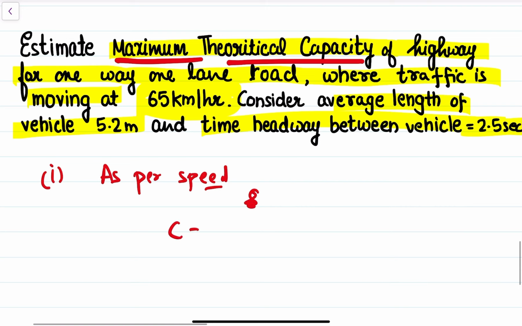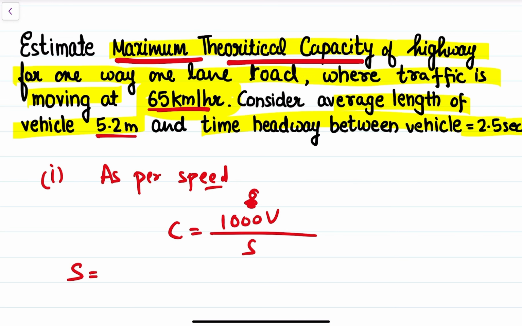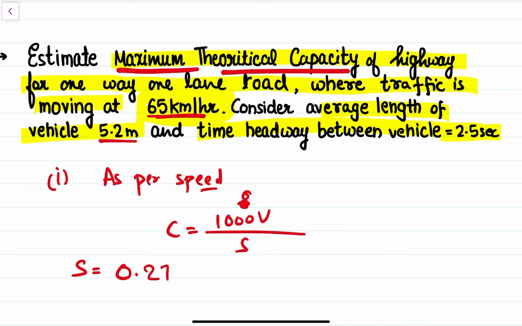As per speed, the capacity is 1000 V by S, where S is the space headway. We are given the speed of the vehicle and the vehicle length, and we know S is equal to 0.278 V into T plus L. V is velocity in kilometer per hour, which is given.